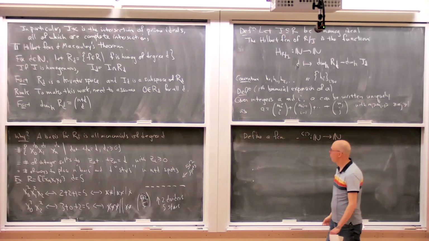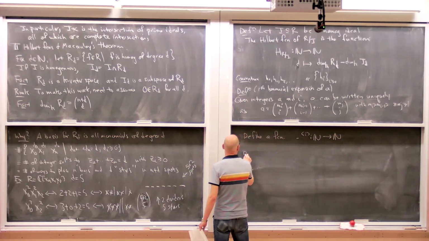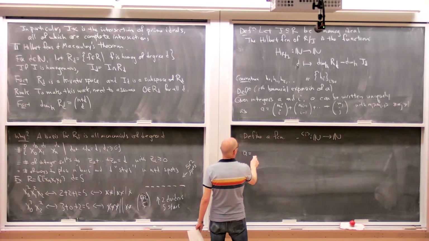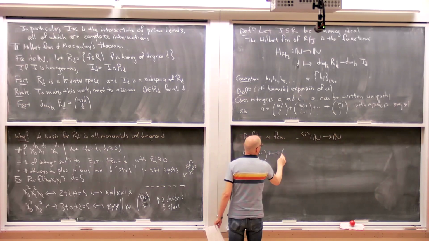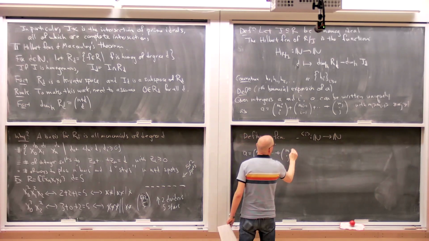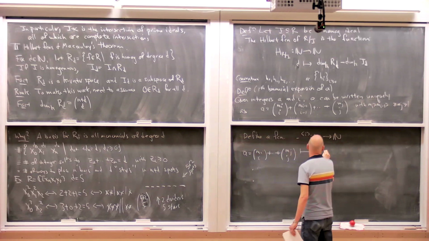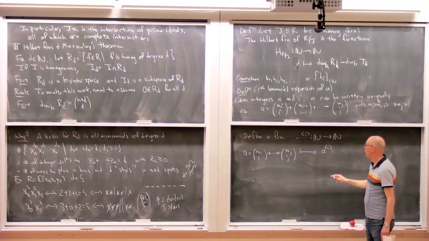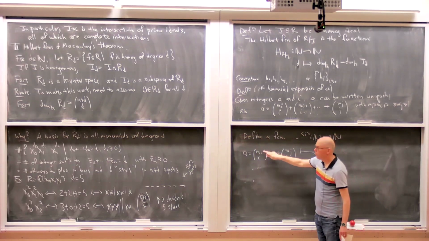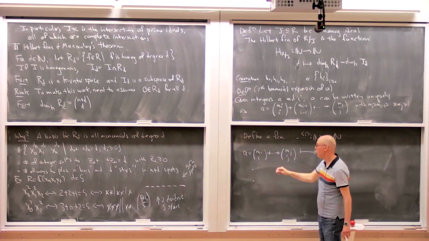And the way this function works is I take my a, I write it in terms of the ith binomial coefficient, and I'm going to send it to a upper i. And a upper i, what it does is it adds 1 to both the top and the bottom of your binomial coefficients.